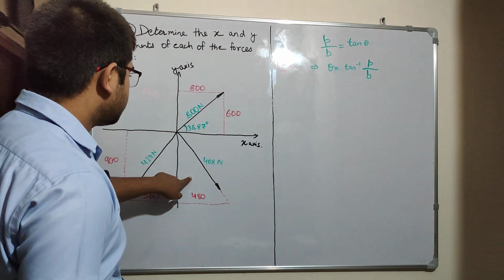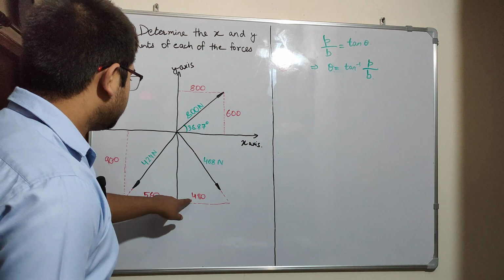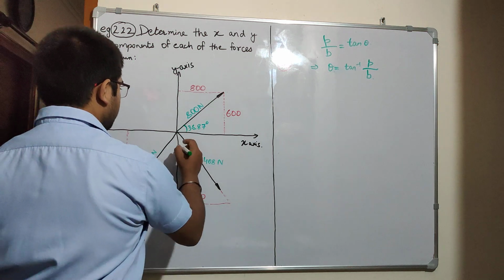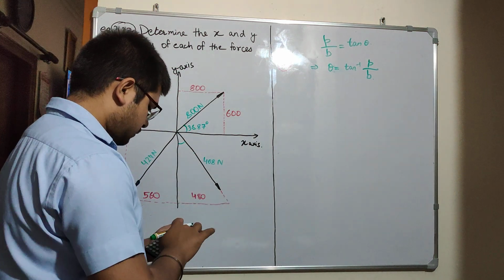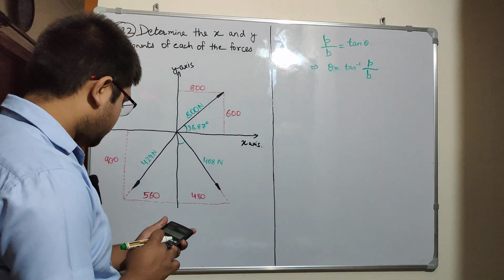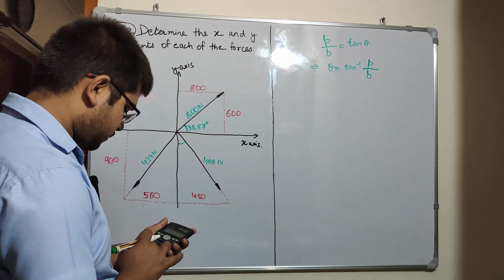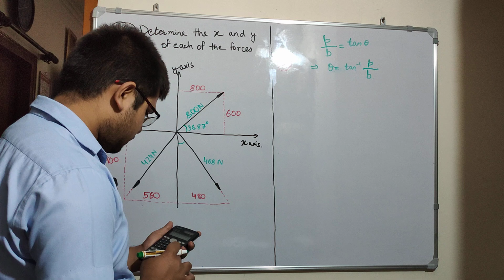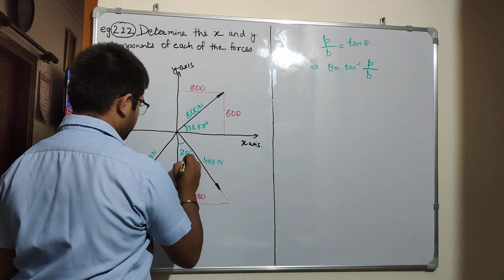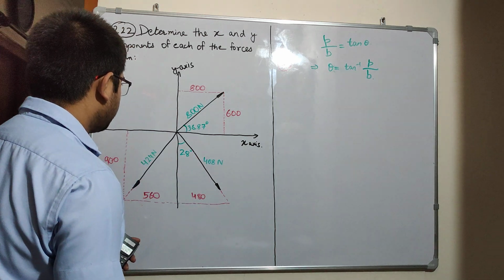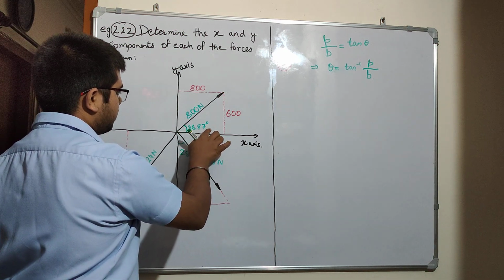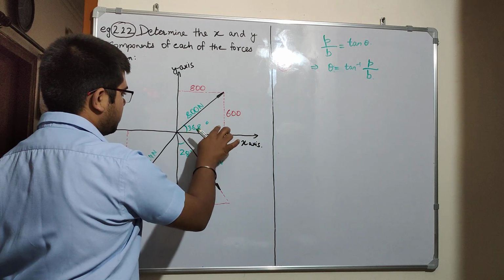Similarly, we will calculate for this. This is P equals 480 and B equals 900. So this angle will come out as shift tan inverse 480 by 900, which is 28 degrees. And we can just take one decimal point, so we can rub this out.